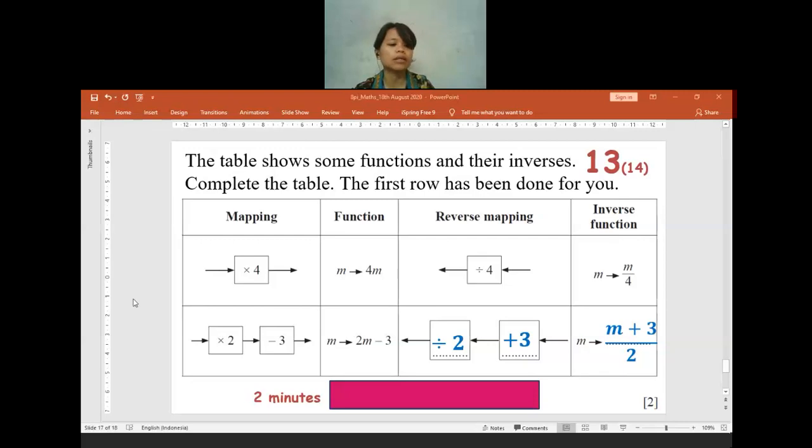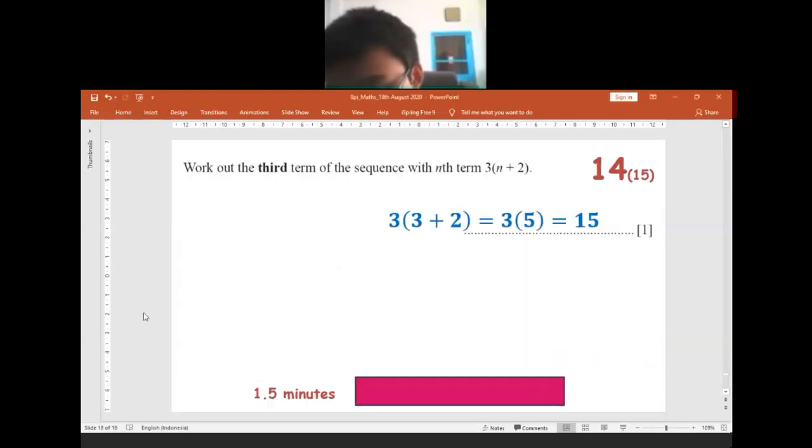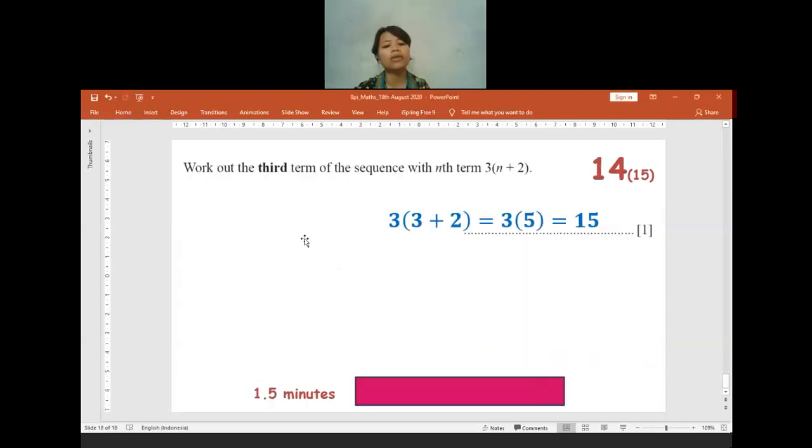Okay, if you have no question, let us discuss the last question. Work out the third term of the sequence with the nth term 3(n + 2). It says third term, so we replace the letter n with 3 because the position number is 3.